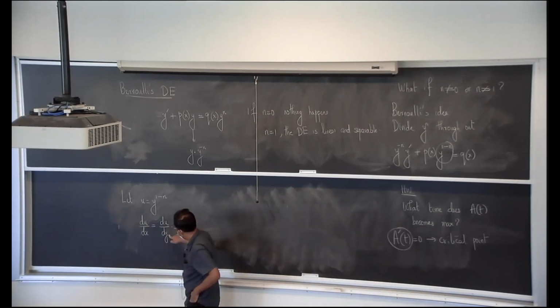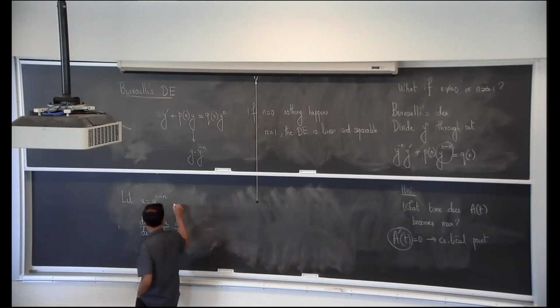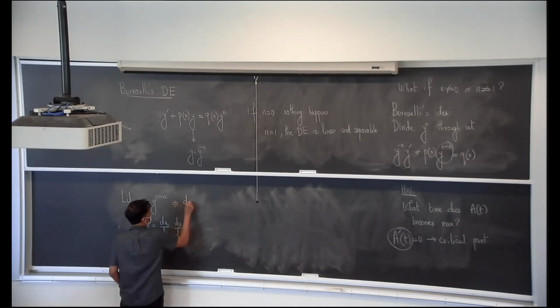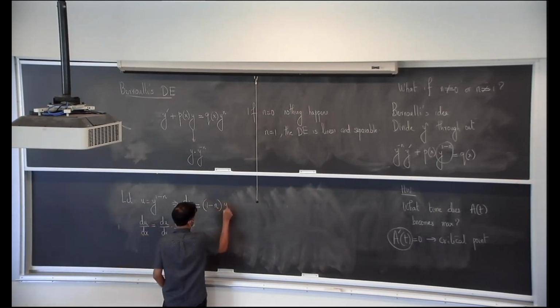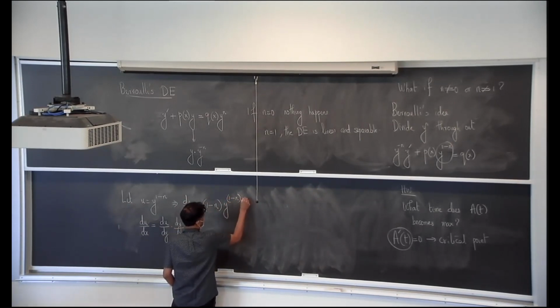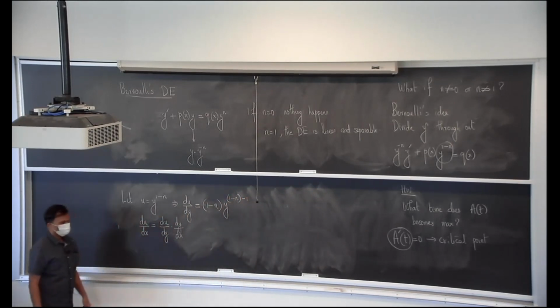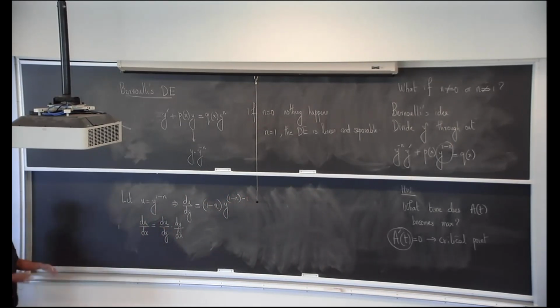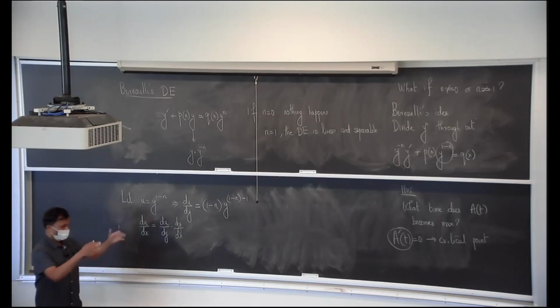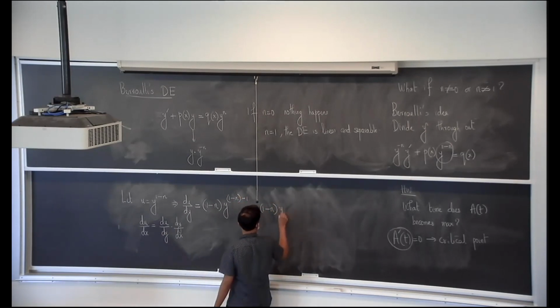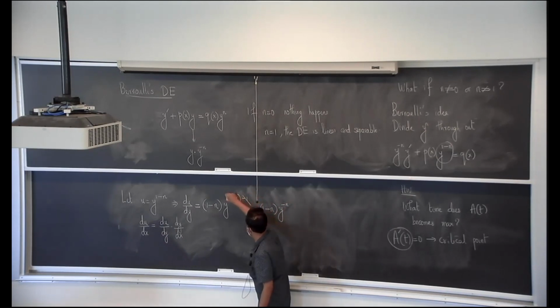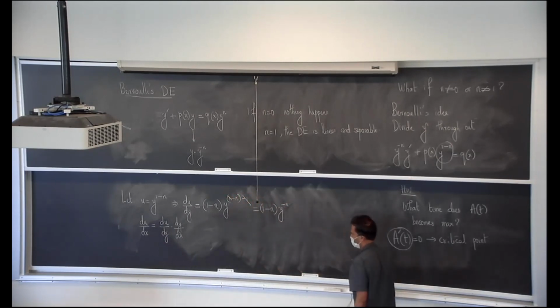Now we can find du dy here using calculus 1. Du dy would be 1 minus n times y to the power of 1 minus n minus 1, which, typically you would do n x to the n minus 1. So it's 1 minus n times y to the power of 1 minus n minus 1, which is equal to 1 minus n times y to the power of negative n, because this 1 and negative 1 cancel out, right?